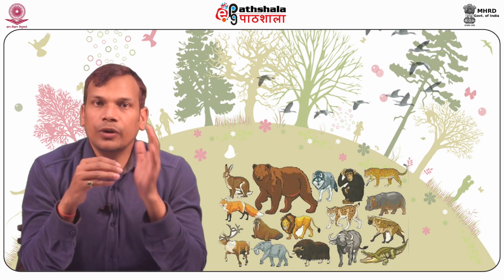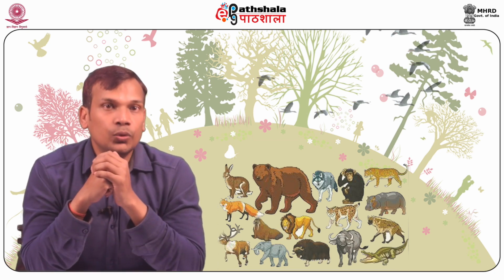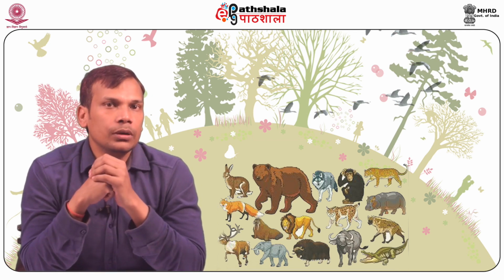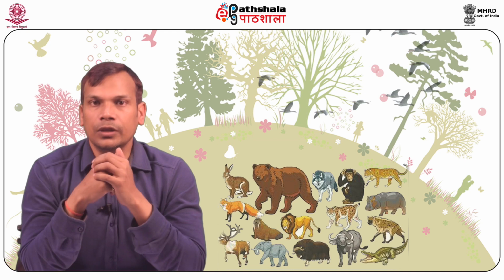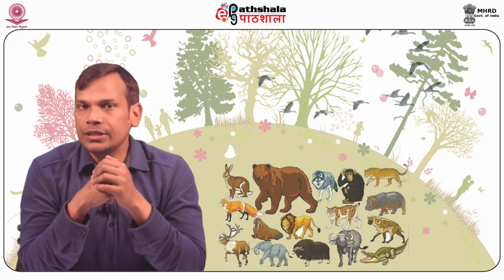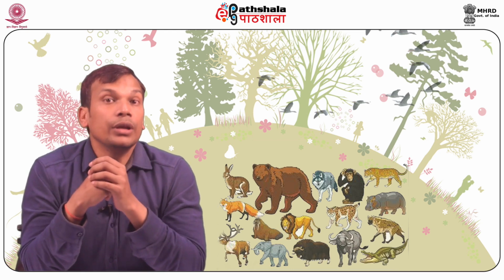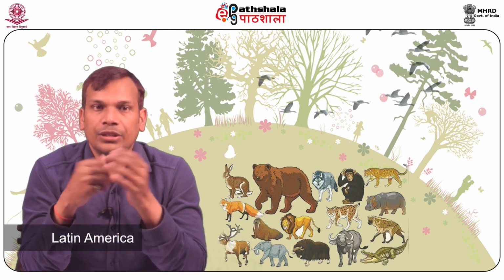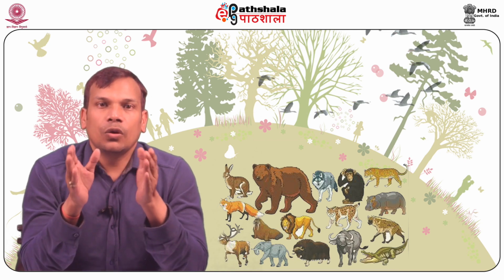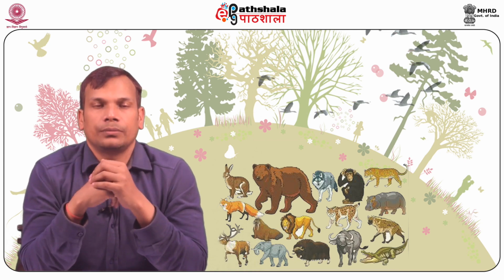Demographically, the world can be divided into two contrasting groups. One group is that part of the world which has less developed countries of Africa, Asia, and Latin America, representing 80% of the world's population.